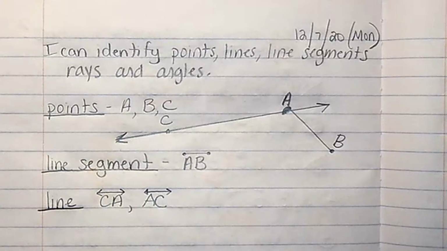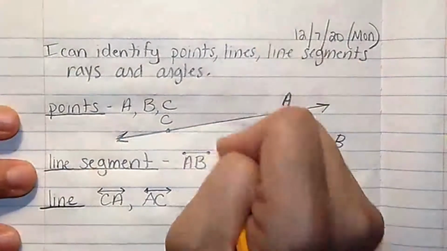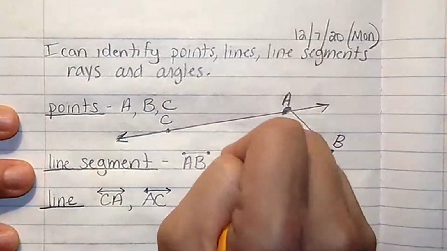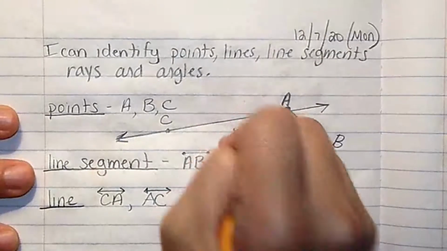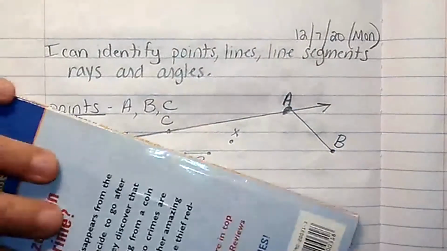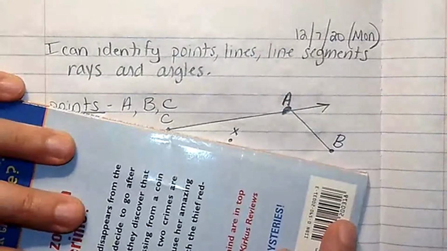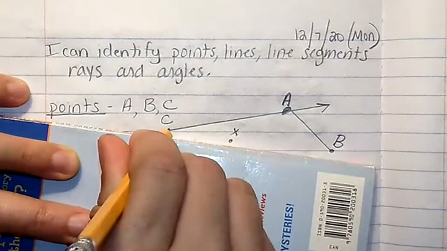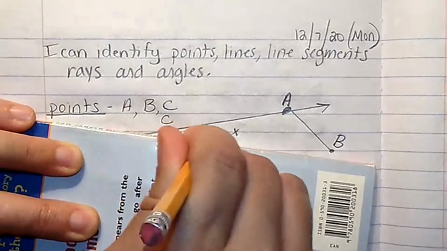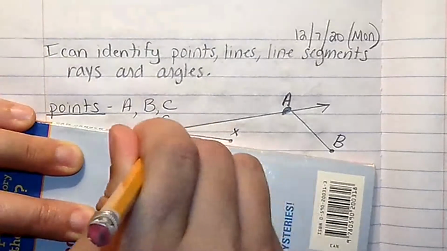All right, let's make another line segment. So we need another point. Let's make it over here. Let's make that point X. And if I connect C and X, look, I put my pencil on the point. I lined up my book. I'm going to trace it straight across.